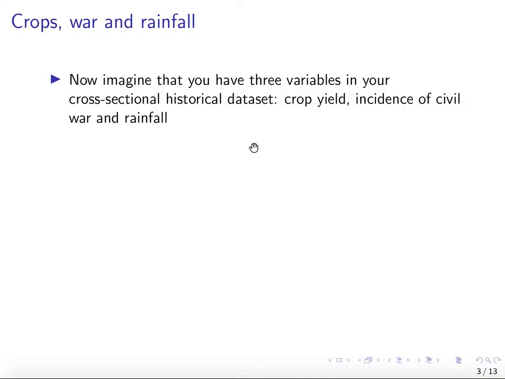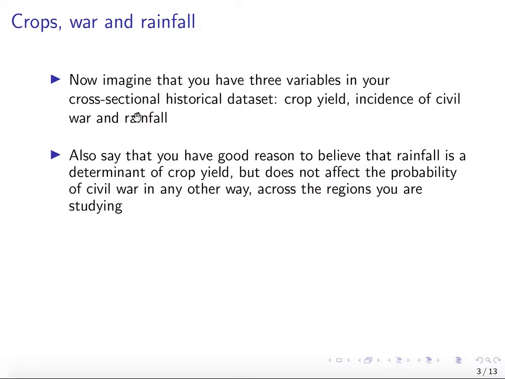So imagine that in your data set you have a third variable, and specifically this variable would be rainfall. So for each i, you would have some measure of rainfall. And say, because you went to primary school maybe, you have good reason to believe that rainfall is a determinant of crop yield.